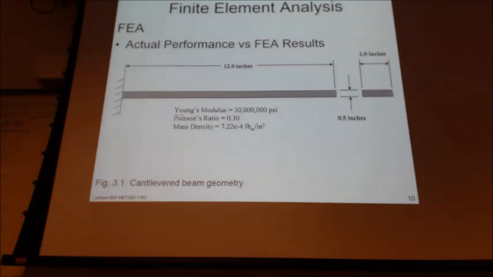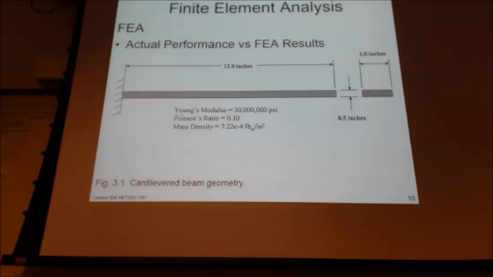So what can go wrong? There are many reasons why the field results might differ from our actual FEA results. Every variable or piece of data that you are required to put into the system and any assumption you make is a source of error. So what do I mean by that?